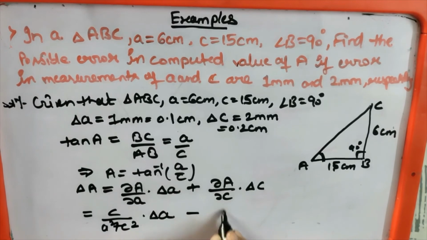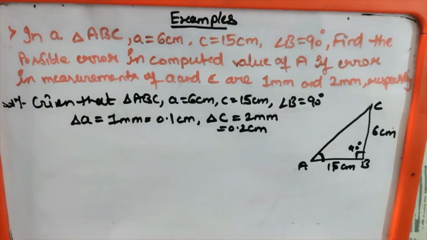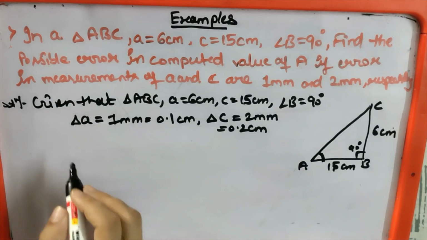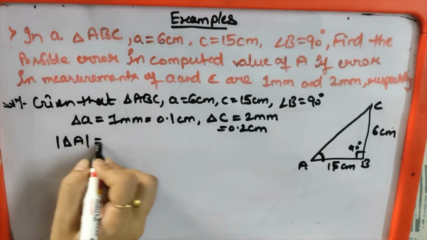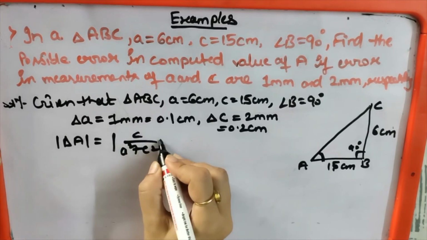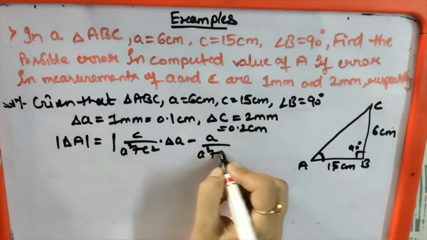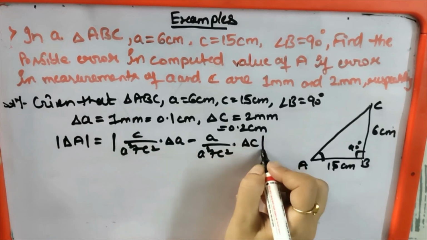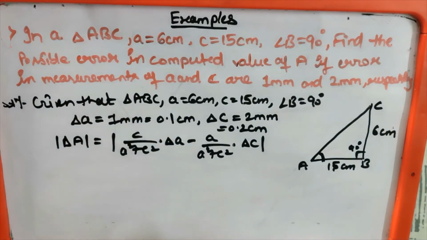We will get minus a upon a square plus c square into delta c. Now take the absolute value, because we have to find out the possible error, that means we have to calculate absolute error in A.